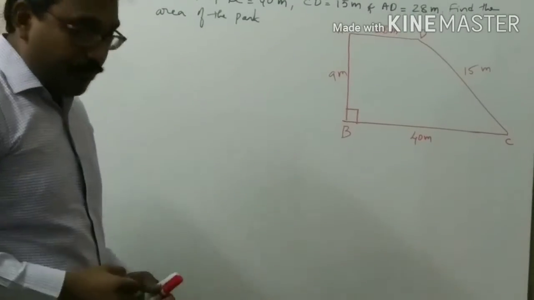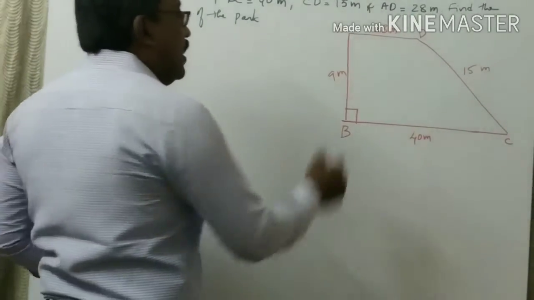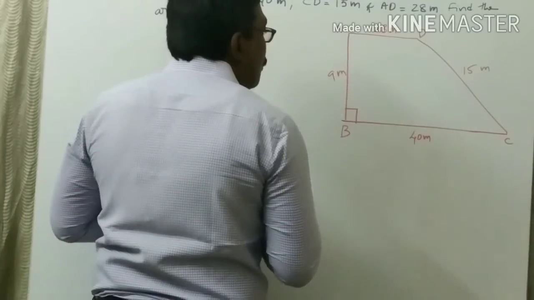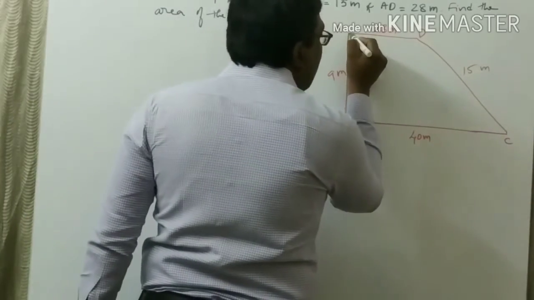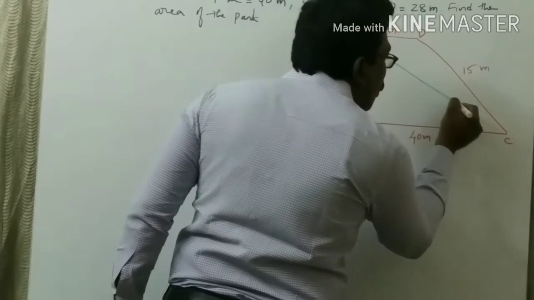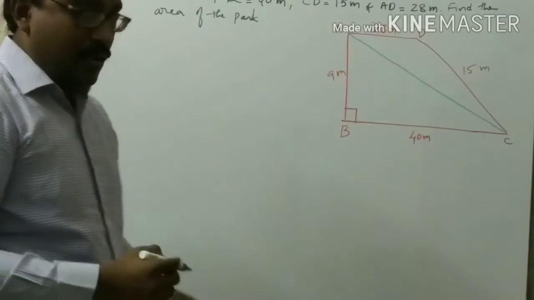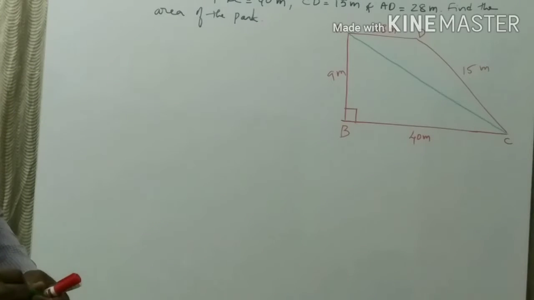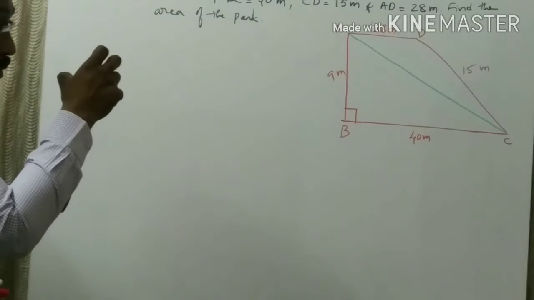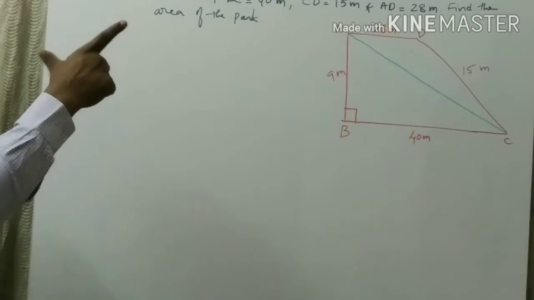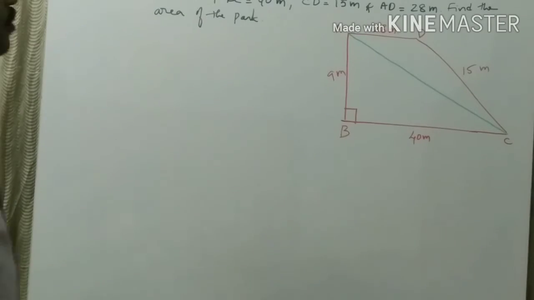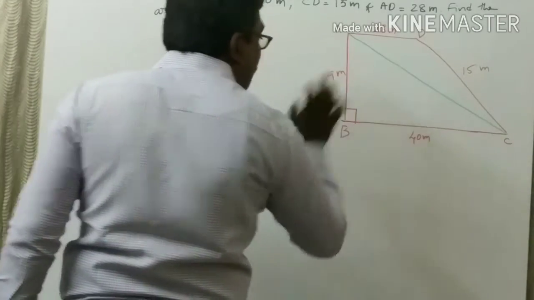How to do this sum? If it is 90 degrees, you divide this quadrilateral into two triangles by drawing a diagonal. Now, the quadrilateral divides into two triangles.